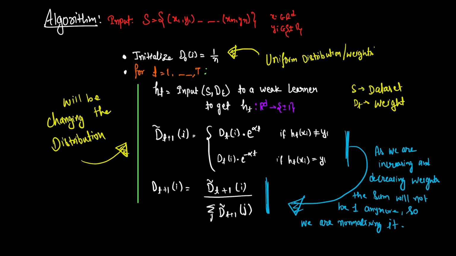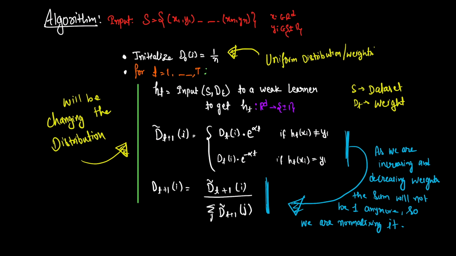The update is D_{t+1}(i), the new distribution, divided by the sum over all D_{t+1}(j), that is all the D's we got from initial to final. We sum all those, and this is the current change upon the total distribution weights. That is nothing but normalizing it.